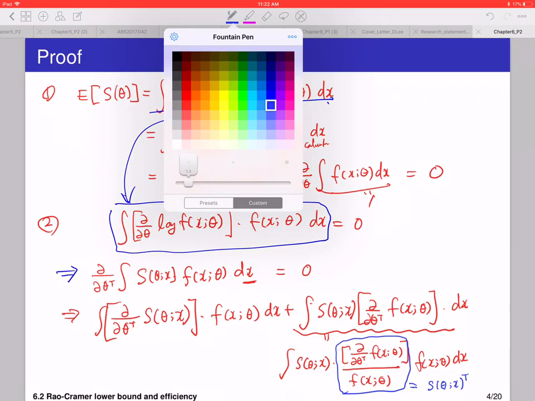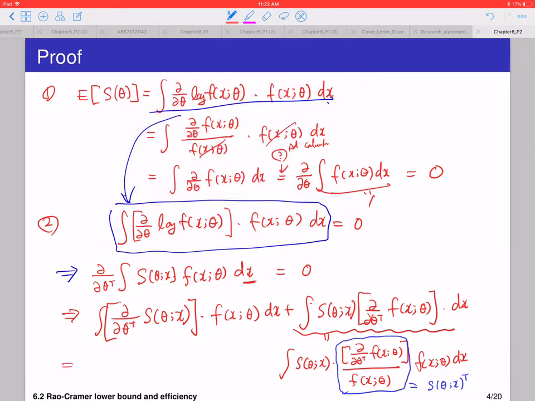So if we simplify, the first part is the expectation of the derivative of S, and the second part is the expectation of S S transpose, equal to 0.